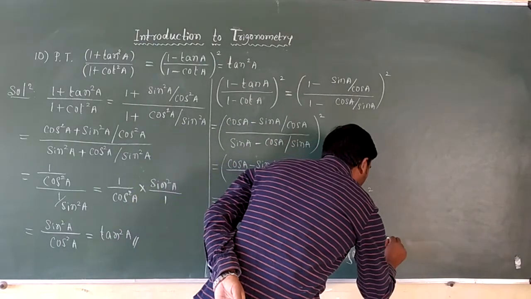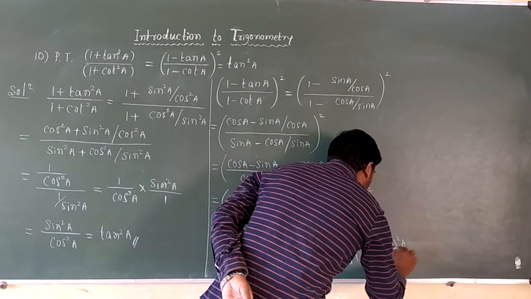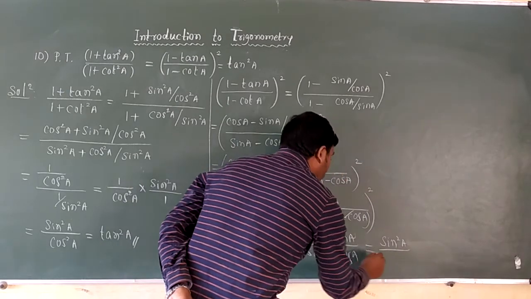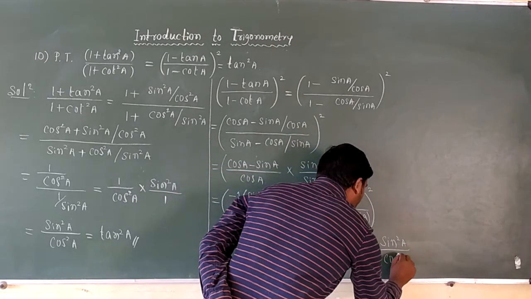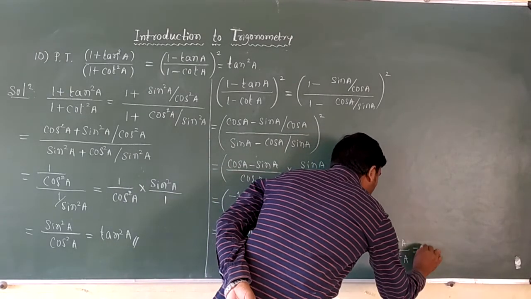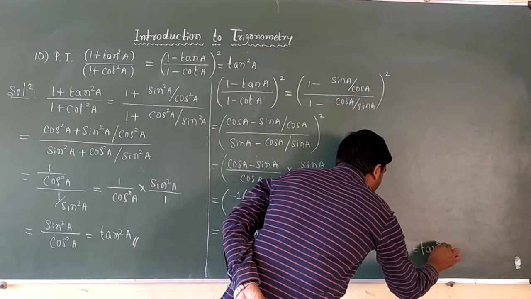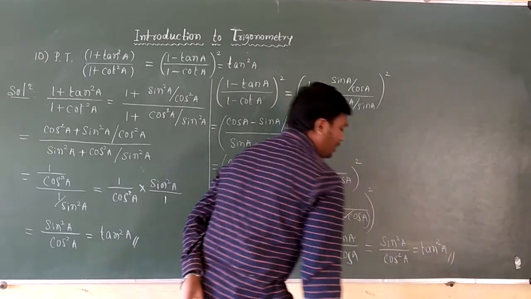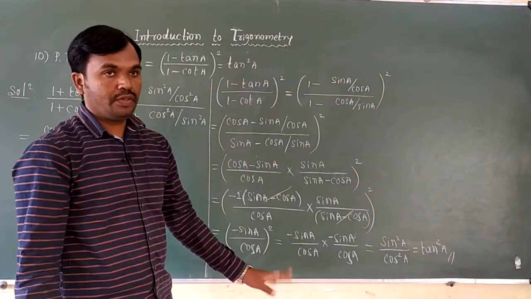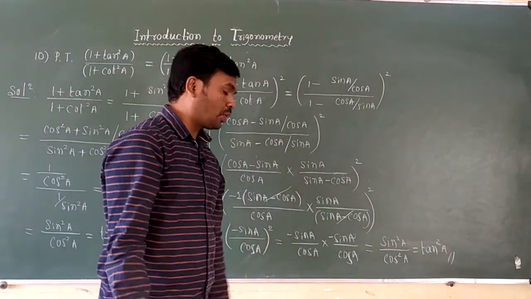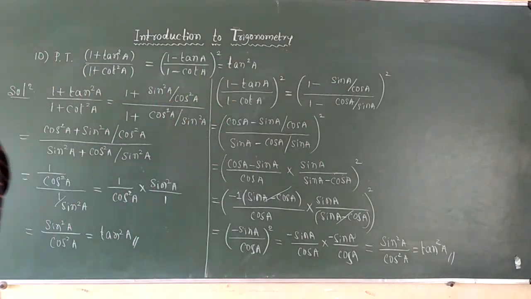Plus sin square A divided by cos A into cos A is what? Cos square A. So this is equals to tan square A. Hence the proof, children. This is how we can prove the problems by using the identities.